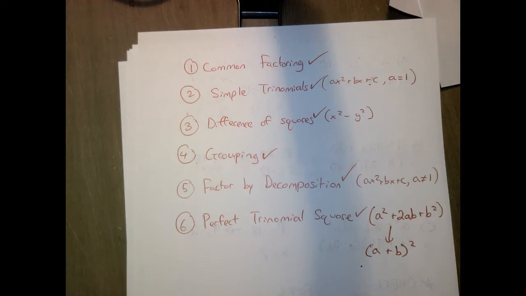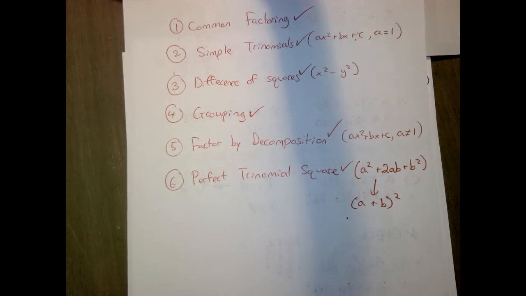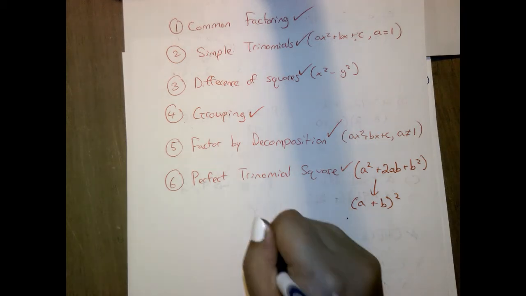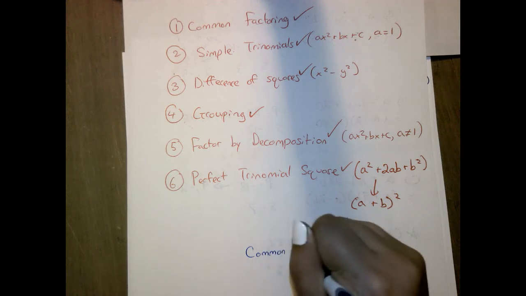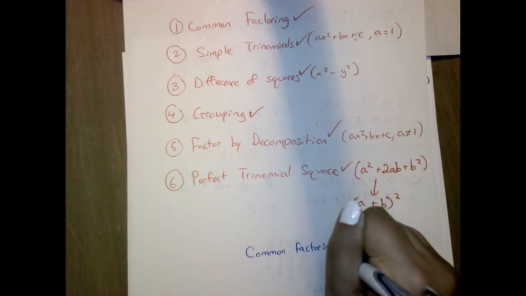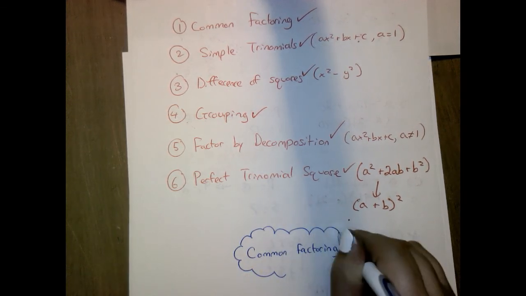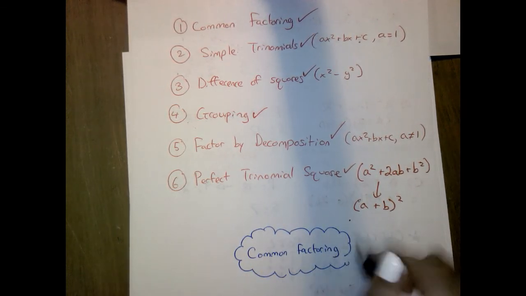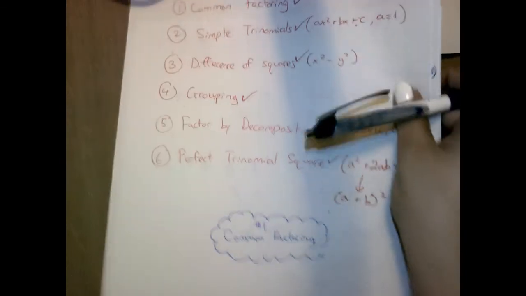In general, if there was an order to how we know which kind of factoring to use, my advice for you is to always start with common factoring, right? This should always be your go-to. This is your number one kind of factoring, right?